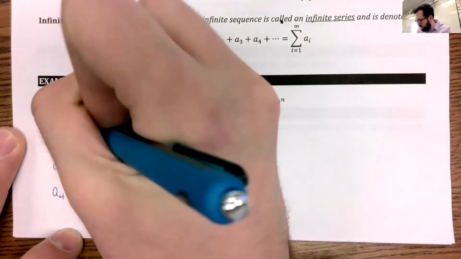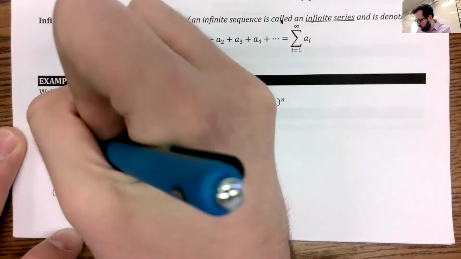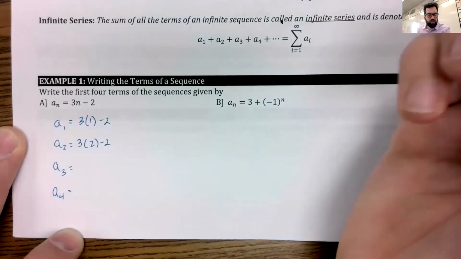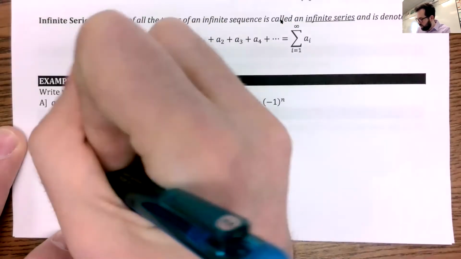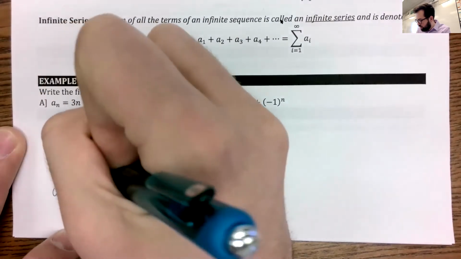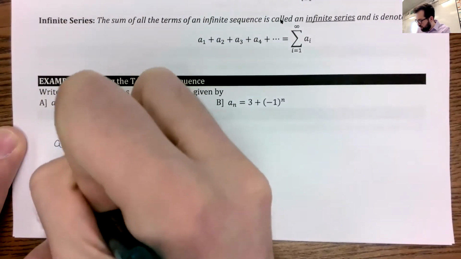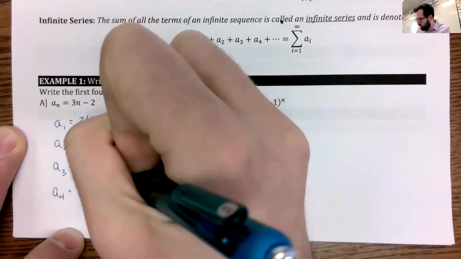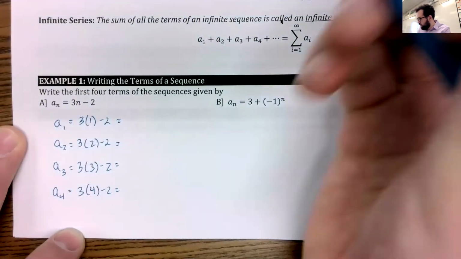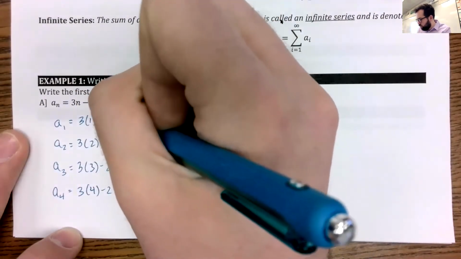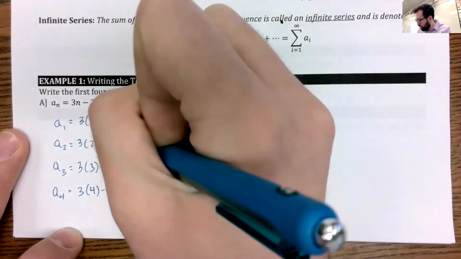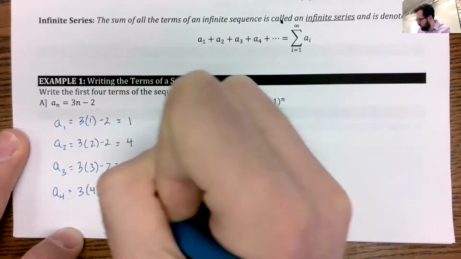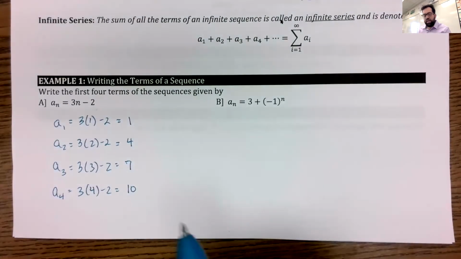Shouldn't be too bad. So I do 3 times 1 minus 2, 3 times 2 minus 2, 3 times 3 minus 2, and 3 times 4 minus 2. And so I'm going to get 1, 4, 7, and 10.